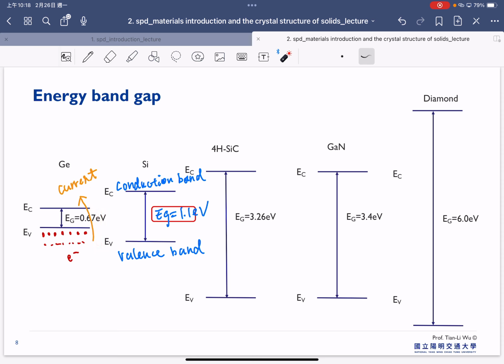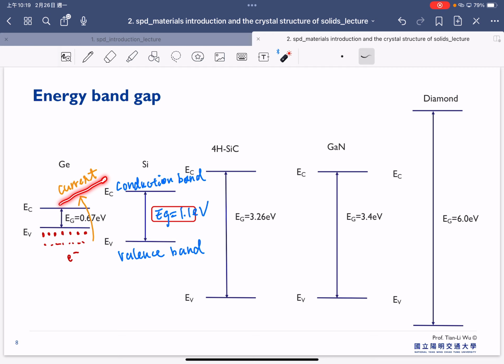And therefore, this illustration clearly shows that if this band gap is smaller, that means the distance is shorter, right? So the electron easily jumps across this region and reaches the conduction band. So we can have the very high leakage current in the case with the germanium.